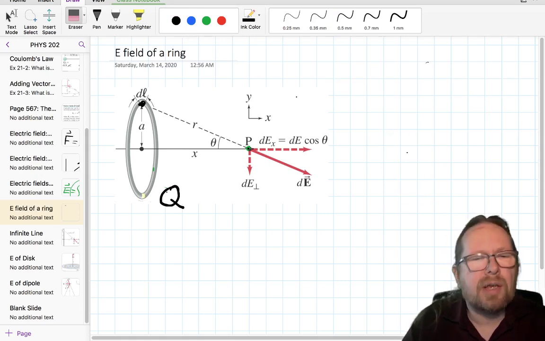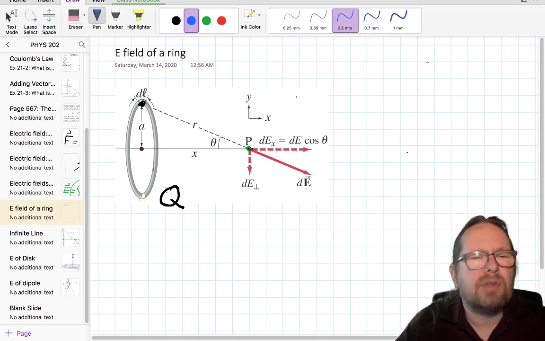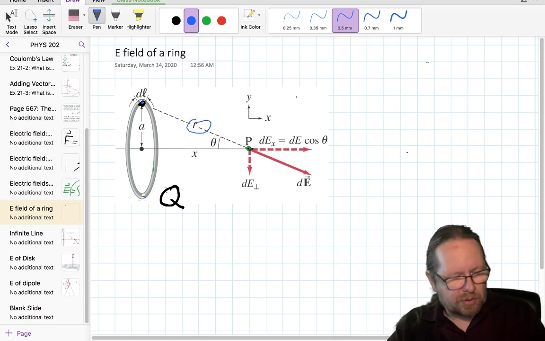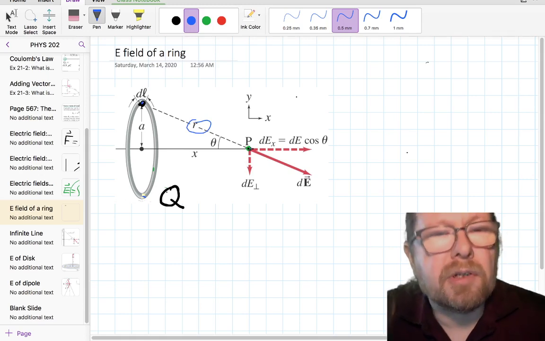Notice that if we are on the axis of the disk, if we're at a point above the axis, we're the same distance away from every point on the disk. So this radial distance is a constant.